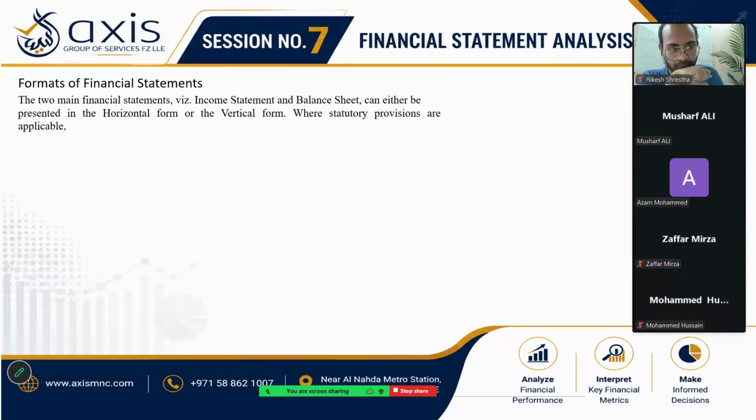Horizontal income statement, vertical income statement, horizontal balance sheet, vertical balance sheet. Right? In both methods, the balance sheet total will be the same, and net profit is the same. Only the presentation changes because of statutory requirements.